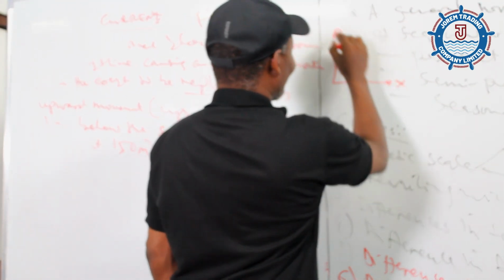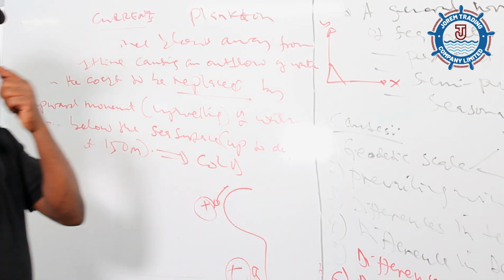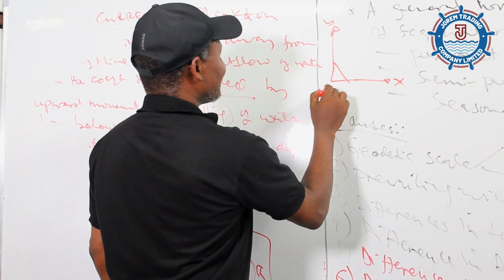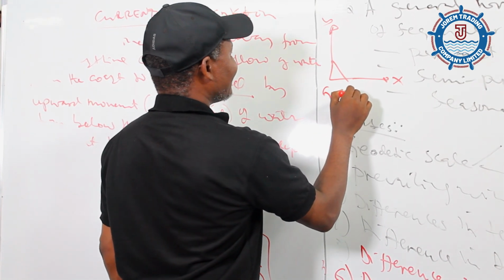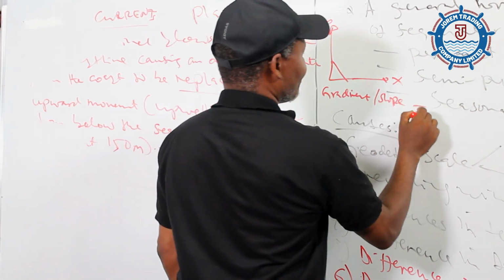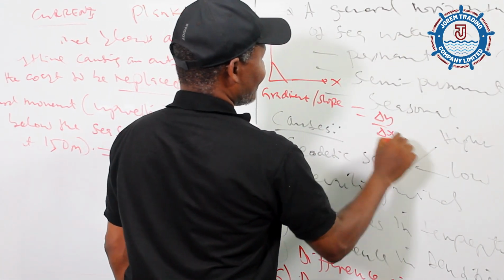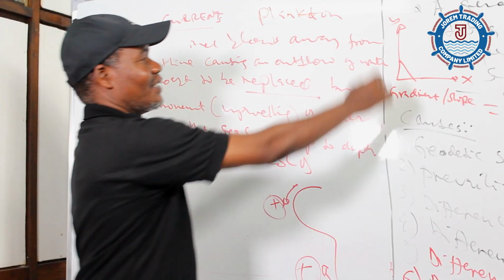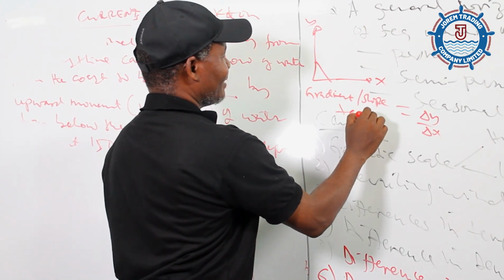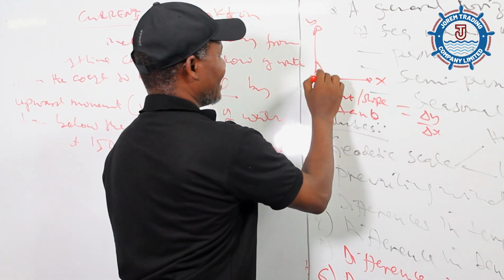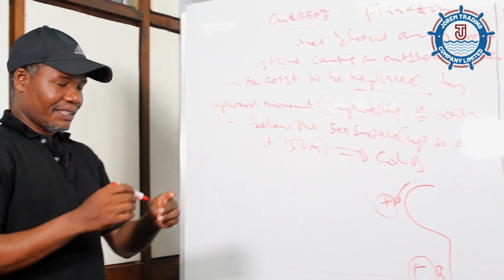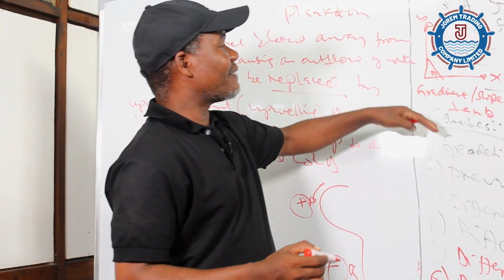So finding the gradient means finding the slope. It means change in y over change in x. You get the slope. And of course, this can be equivalent to the tangent of that angle if it is theta, tan theta, the slope. So it means difference in levels.